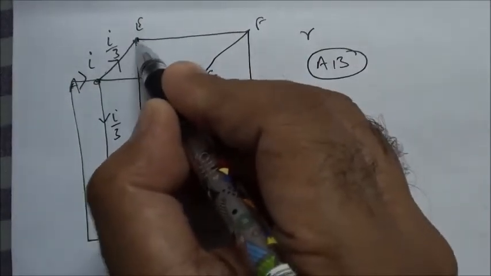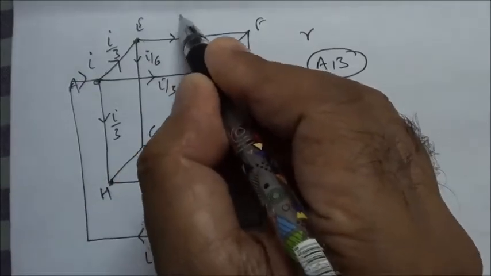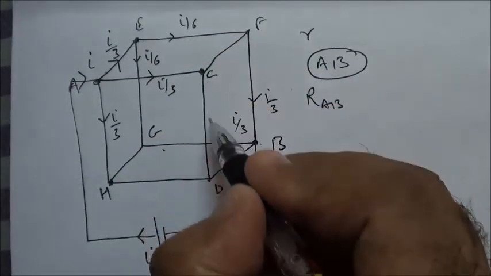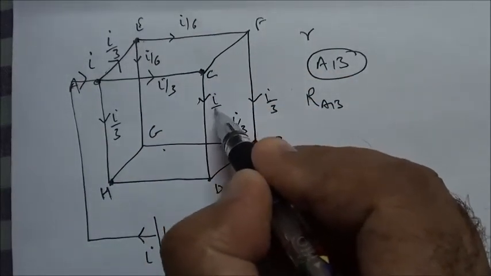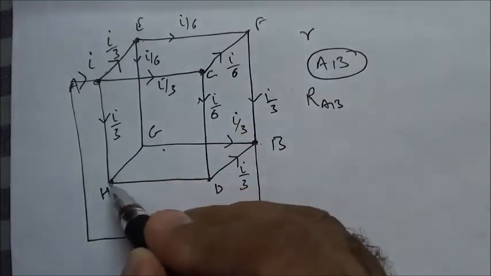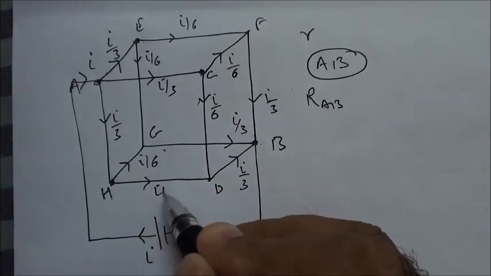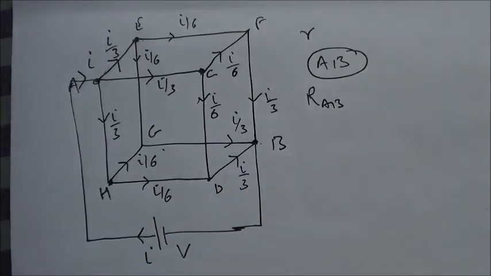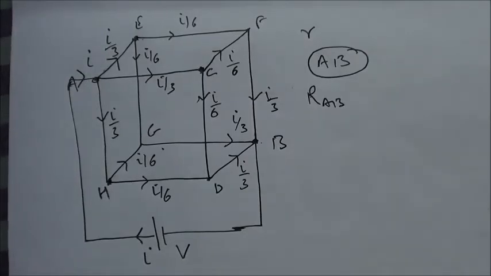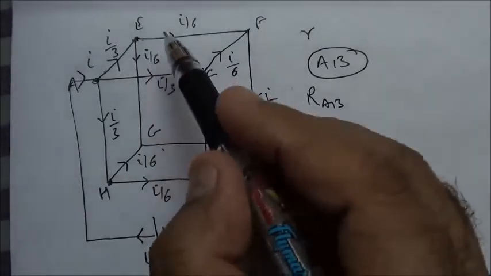So at E, of the I by 3, I by 6 may go here, I by 6 may go here. The same way at C, I by 6 may come here, I by 6 may come here. And at this point, I by 6 will go here and I by 6 will come here. Now you can apply the first law and see that everything is okay.